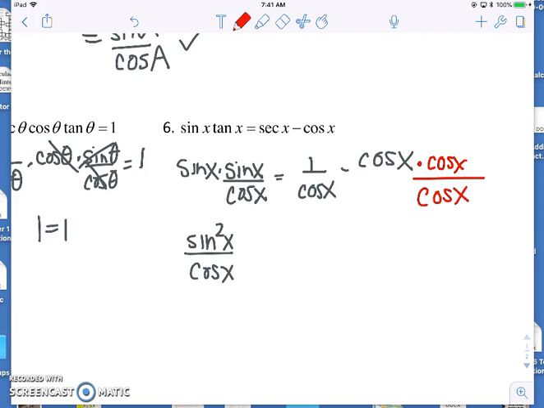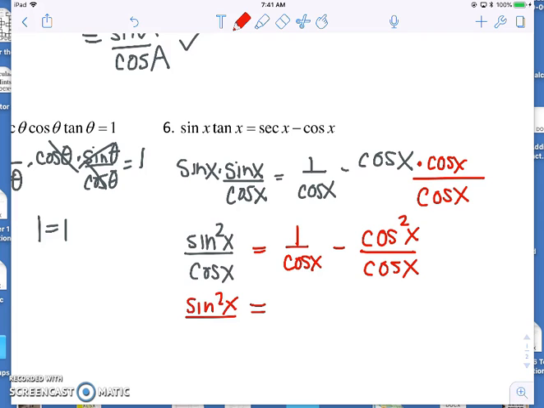That's really multiplying by the number 1. Now we have 1 over the cosine of x minus cosine squared of x over the cosine of x. So we have a common denominator, the cosine of x. The numerator would be 1 minus the cosine squared of x.